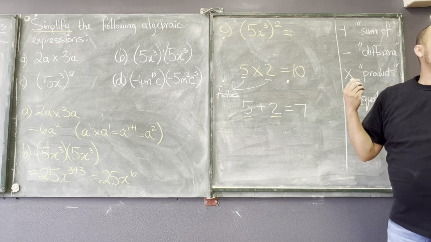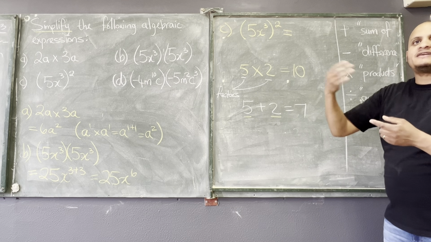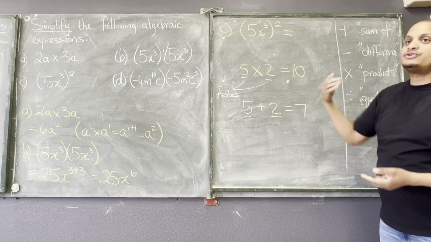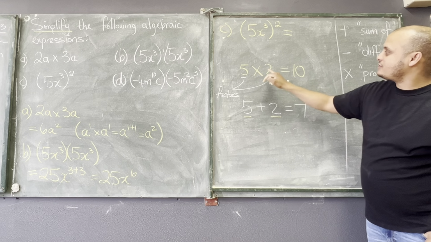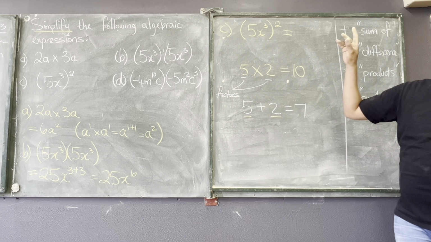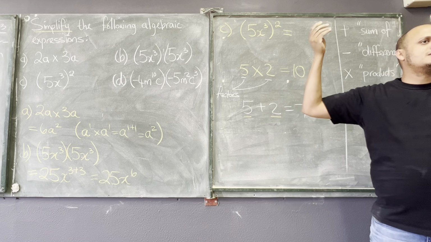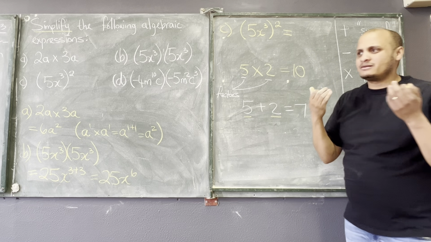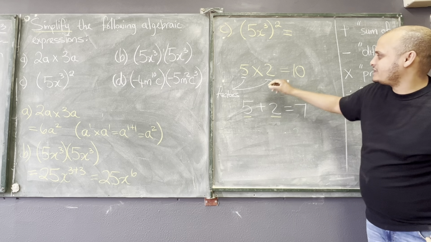Primary school, remember? 10 is a multiple of 5 and 2 because if I count in 5s, I will get to 10. If I count in 2s, I will get to 10. And 5 and 2 are both factors of 10 because both of them can divide into 10. Are we remembering this? Maybe not, but is it coming back? Okay, if it's not coming back, just put that on ice quickly.